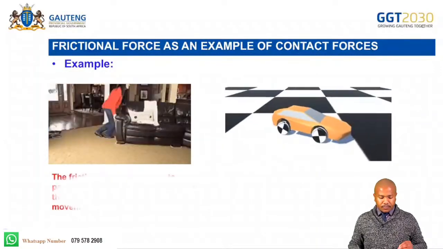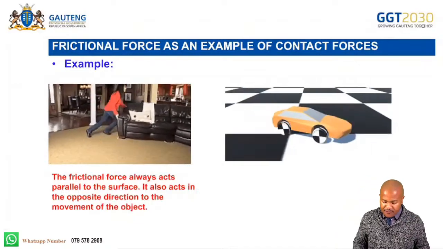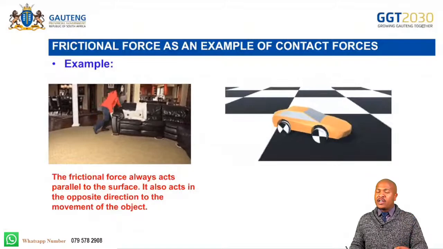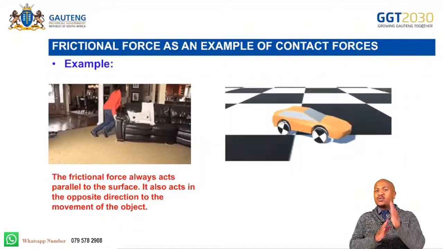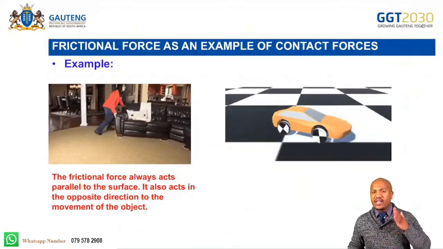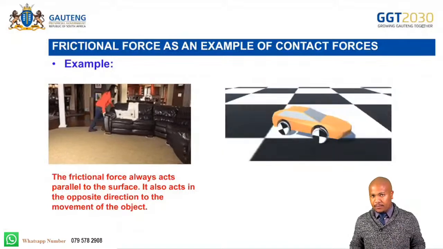The force of friction always acts parallel to the surface and it also acts in the opposite direction to the movement of the object. Hence, we say that they are sliding against each other. One is going in one direction, whereas the other one is going in the opposite direction.